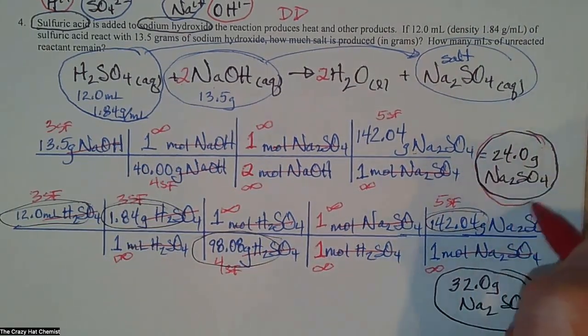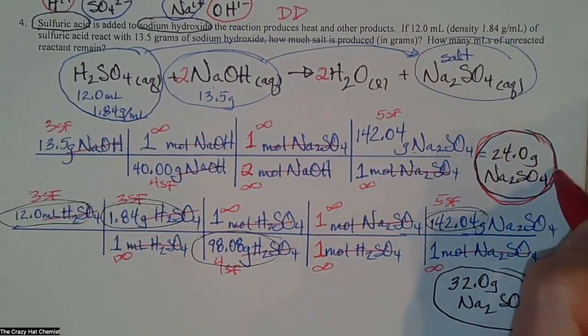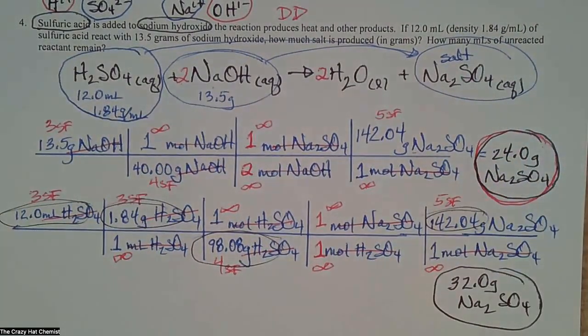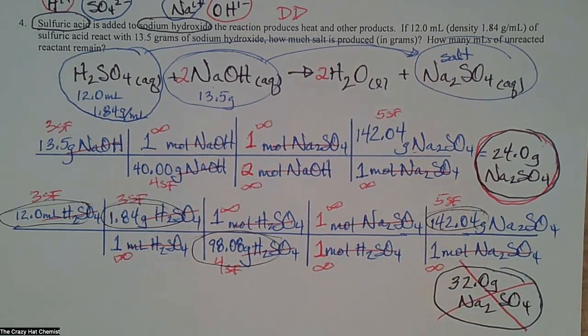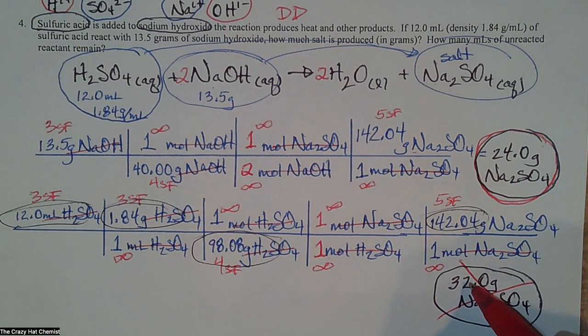So this number is actually my answer to this problem, and that is 24.0 grams of the salt. So that's the number that I'm going to use. The other number I'm going to cross out because one of the common mistakes is to actually sum up these 2 numbers since they have the same units and formula. We don't want to do that. So we're going to cross out the larger number.